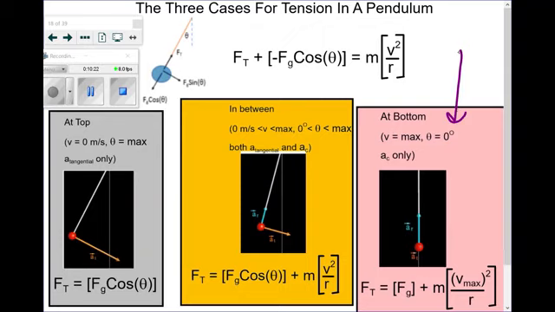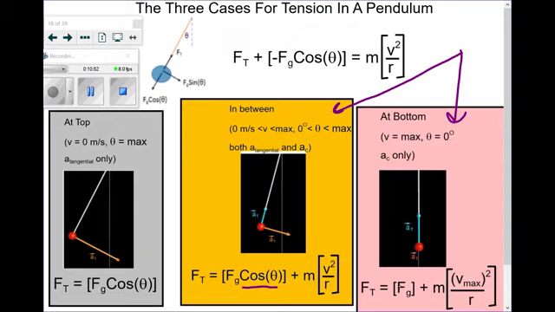We have some other angle between my maximum angle where I'm at rest and 0 degrees, so I'm just going to have cosine theta right here. And I really do have cosine theta in the bottom case as well. Just remember, since my angle is 0, the cosine of 0 is 1. So it's kind of hidden in plain sight because we don't write the 1, since it's just implied.